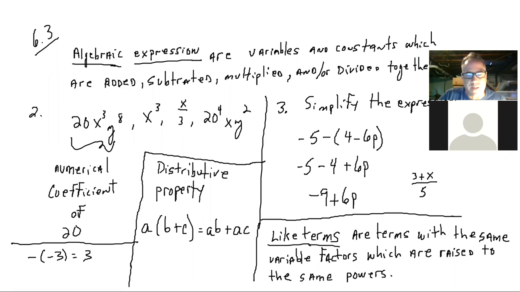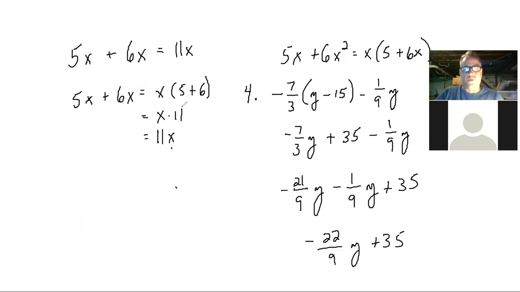We went on and looked at working out like terms. Like terms can be combined, and I simply add the numerical coefficients, and then whatever the variable or variable factors are, I carry them along. But I'm able to add like terms because of the distributive property, officially.